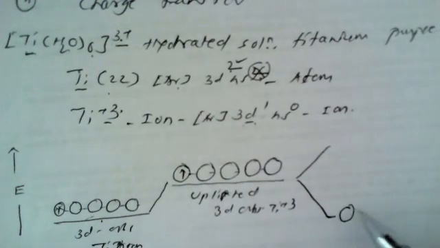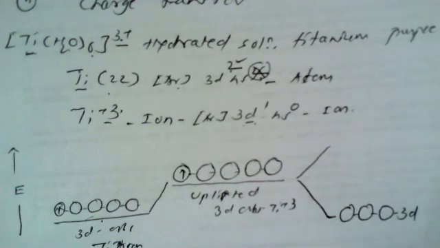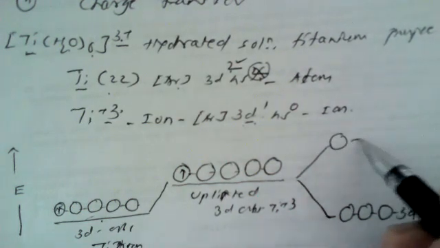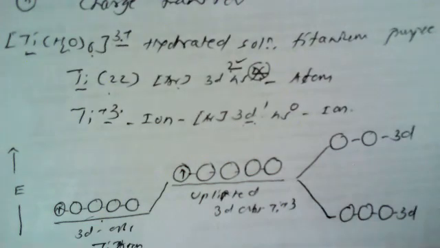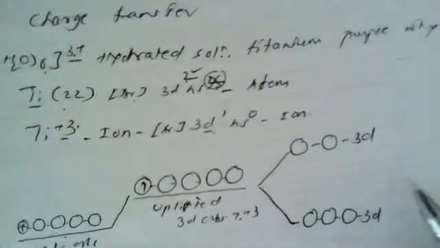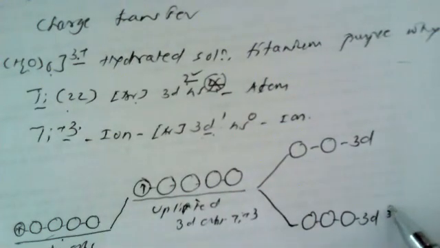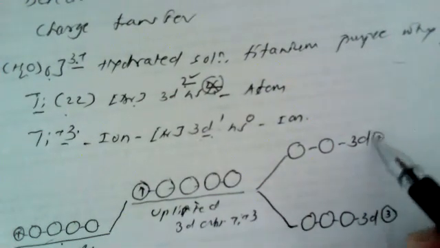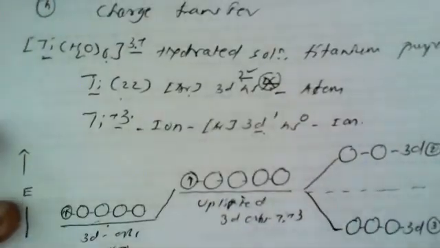One set containing 3 orbitals, and one set containing 2 orbitals. These are also 3d orbitals. So these 5 orbitals now split up into 2 sets, one of 3 orbitals, another of 2 orbitals, and this is the average or mean energy.